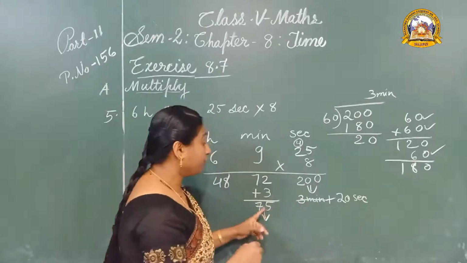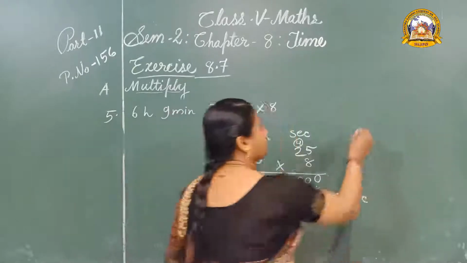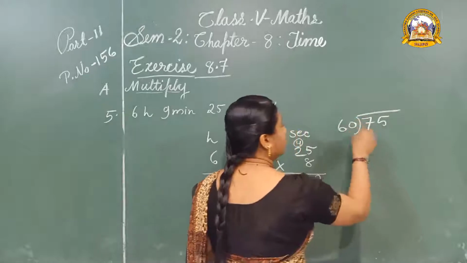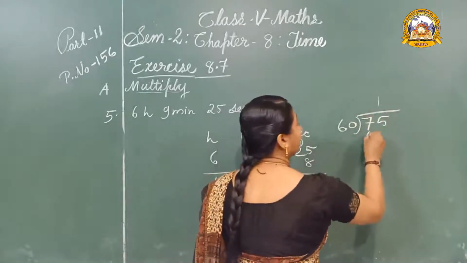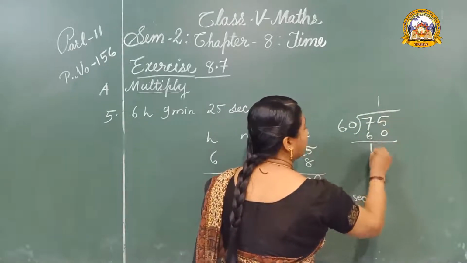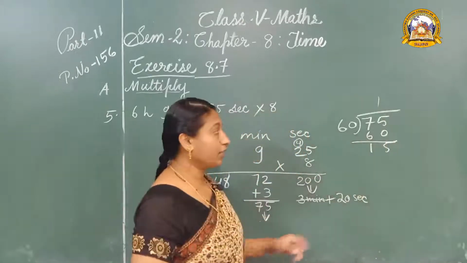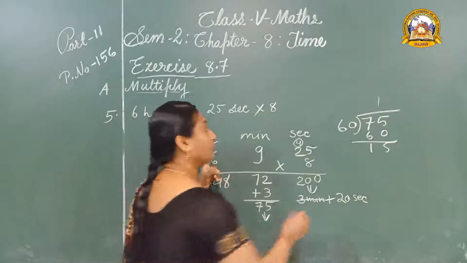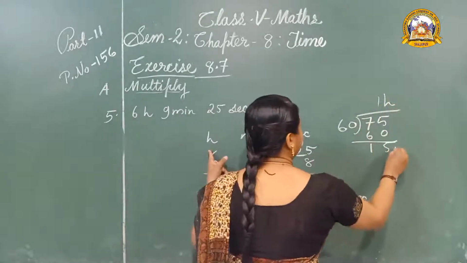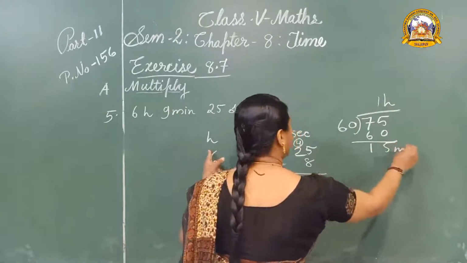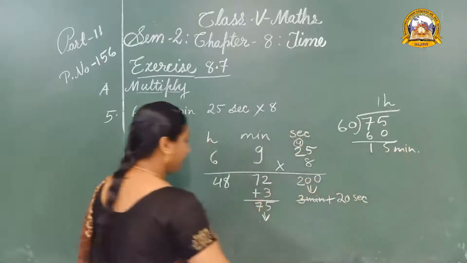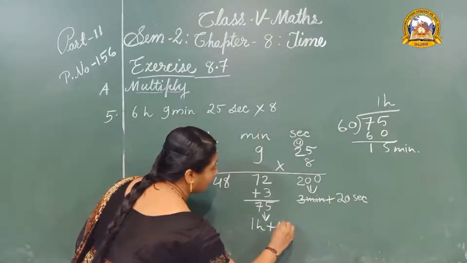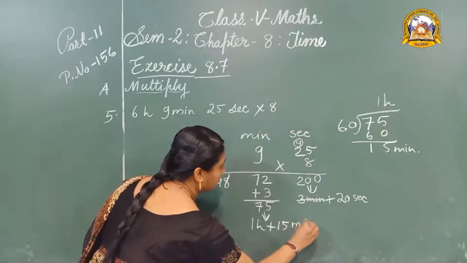How is that? 75 divided by 60. Look here, 75 divided by 60. How many times? Only one time. 1 60 is 60. Then what is the remainder? 15. Okay, so this 1 will go to the hours column. Okay, 1 hour, and it will be remained as only minutes. Okay, 15 minutes. 1 hour plus 15 minutes.